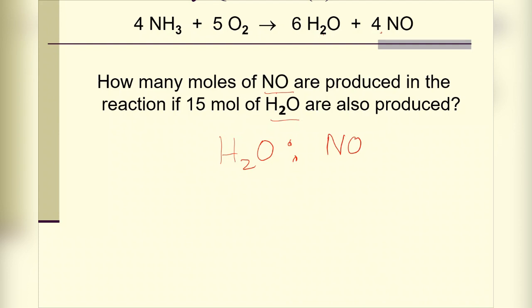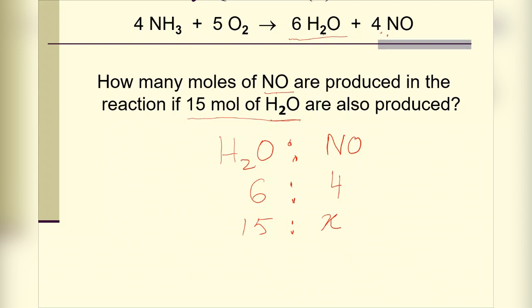How many moles of H2O? 6. How many mole of NO? 4. What is the number of moles given in the problem? 15. NO, we don't know how many moles, so it is X.